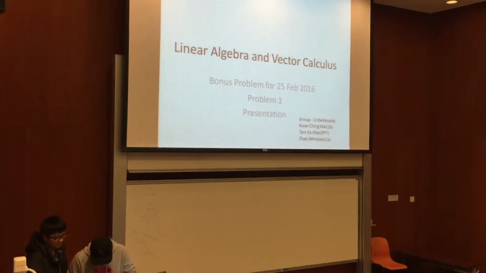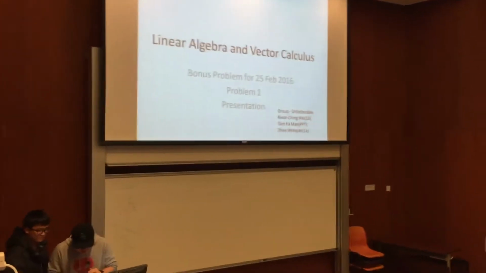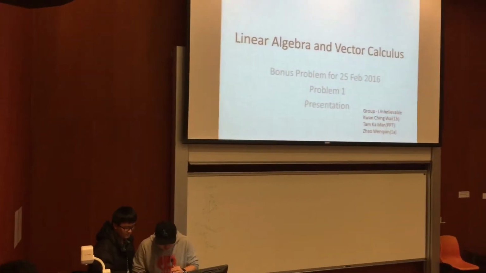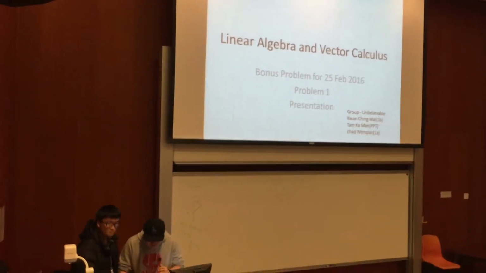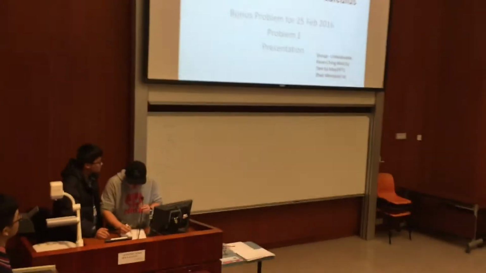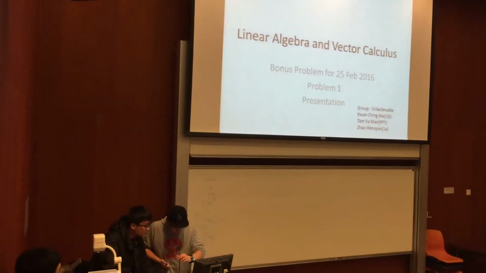The question said that it's a unit circle, so we can get that x squared plus y squared equals 1. Then f can be represented as minus y and x.